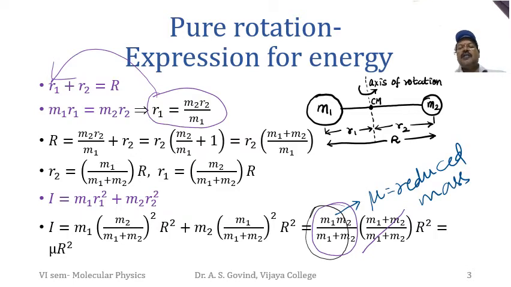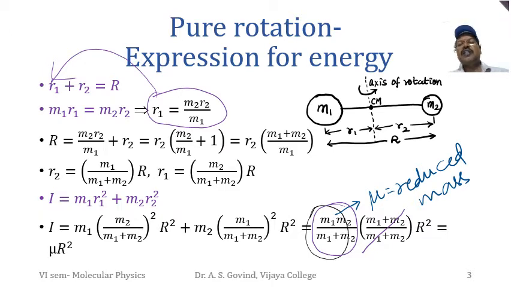That is called the reduced mass. By definition, you have to remember that m1 m2 by m1 plus m2 is called reduced mass. It is called reduced mass because its value will be less than both m1 and m2.